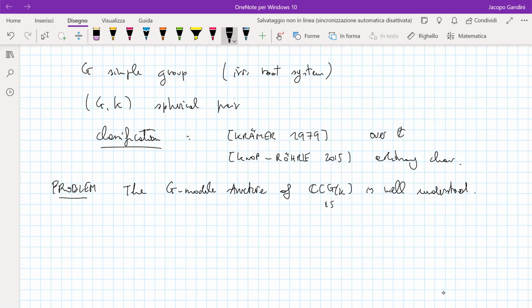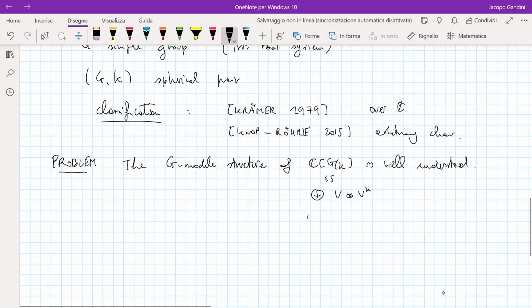So this is a direct sum of, say, V. When they're non-zero, they are irreducible. So what is almost not at all understood is the G-algebra structure of this ring.